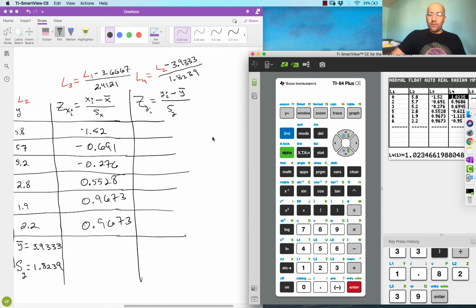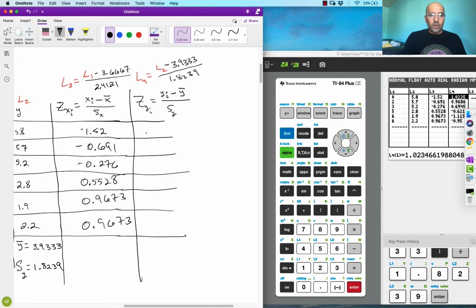So this should be 1.0235, 0.9686, 0.6945, negative 0.621, negative 1.115, and negative 0.95. Good.